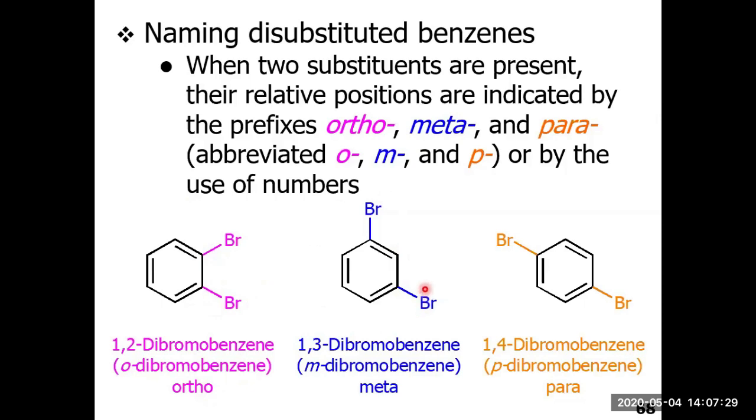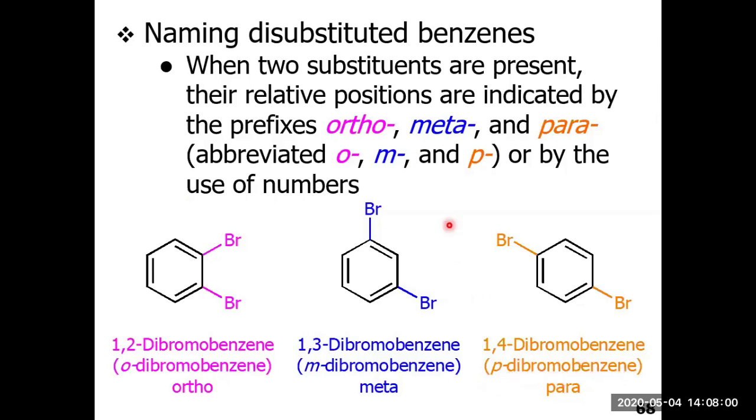Now, moving on, if we have a 1,3 position, we can name this one as 1,3-dibromobenzene, or simply meta-dibromobenzene. And lastly, if we have a 1,4 position of the substituents, then we can name this one as 1,4-dibromobenzene, or we can also name this one as para-dibromobenzene.